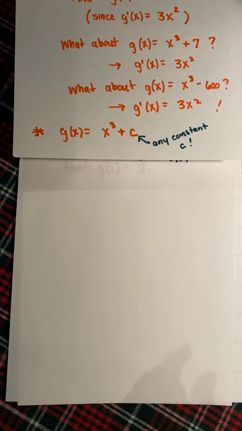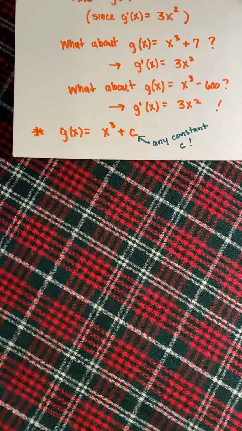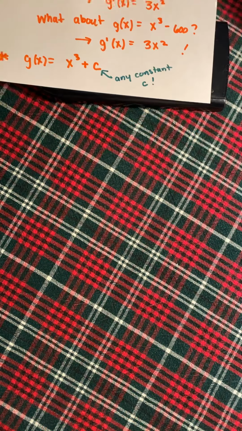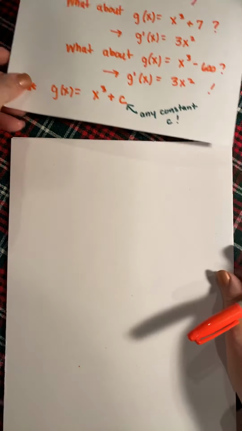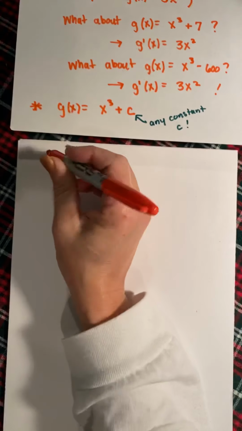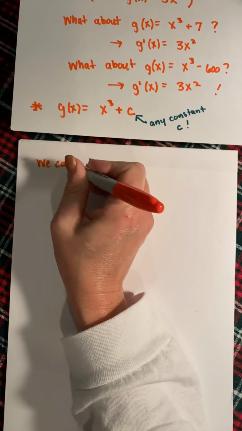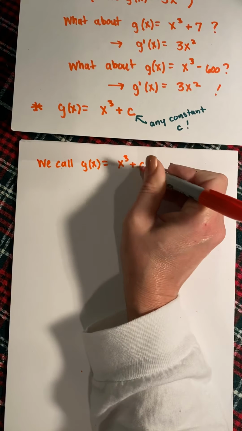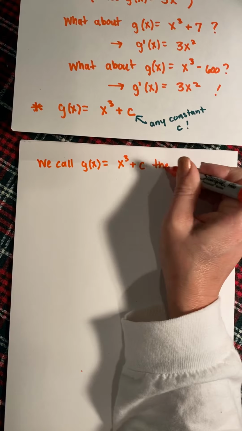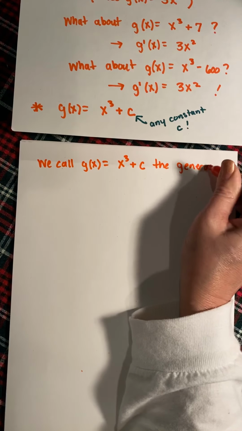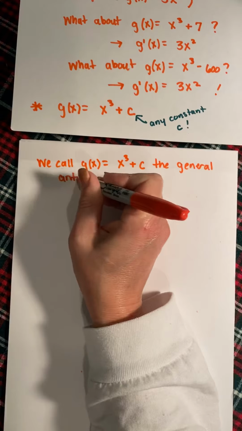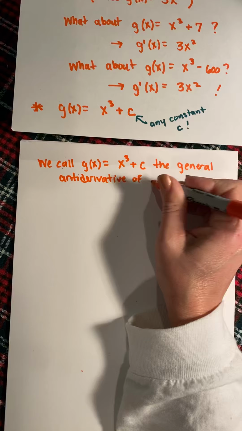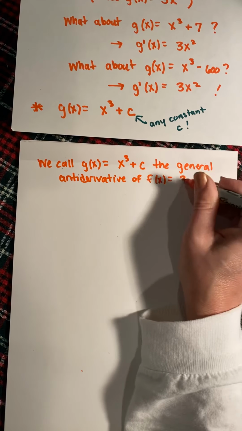Oops, let me get some blank paper here. Bear with me. We call g of x, which is the function x cubed plus any constant c, the general antiderivative of the function f of x equals 3x squared.